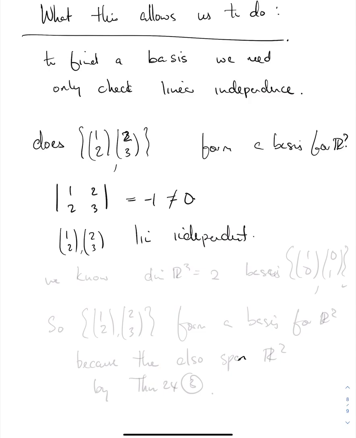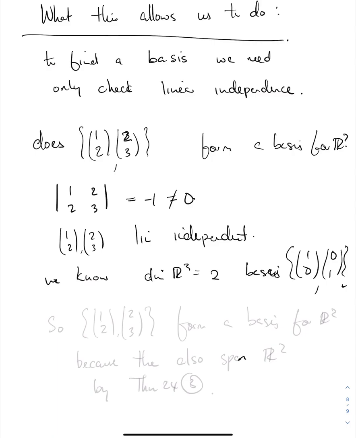And we know that the dimension of R2 itself is 2 because it has a basis (1, 0), (0, 1). Okay. So what we've shown is that we've got a set of the right size made of two vectors, (1, 2) and (2, 3), and we've checked that they're linearly independent.